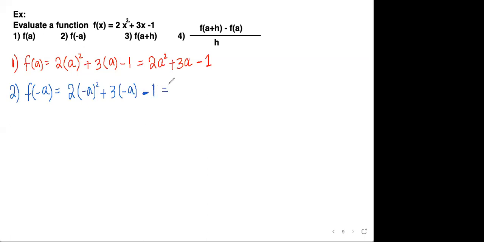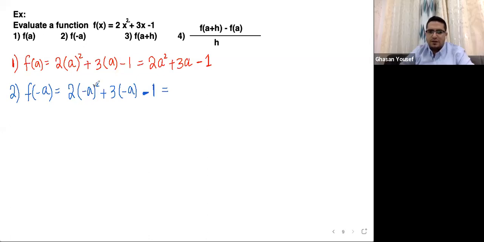This is correct. Thank you, Bilal. Now let's simplify. Negative a squared is a squared, because negative 1 squared is positive 1. So I get 2 times a squared, 3 times minus a is minus 3a, and minus 1. This is for the second one.